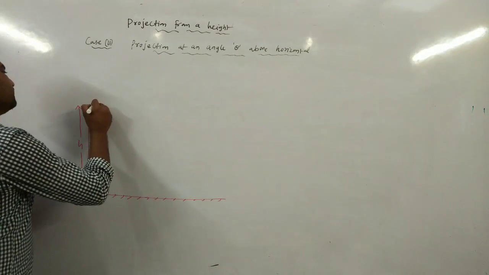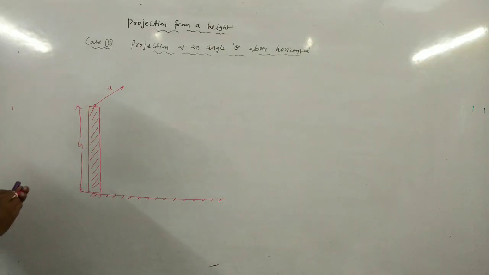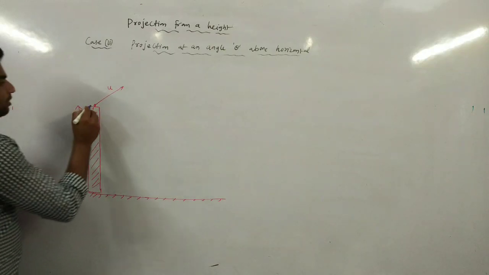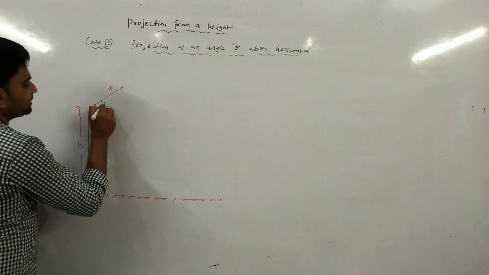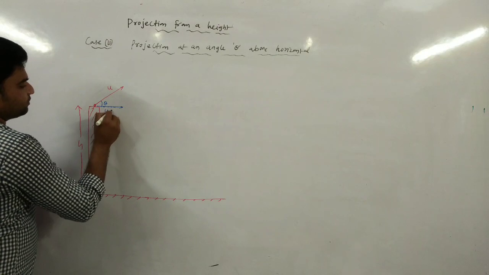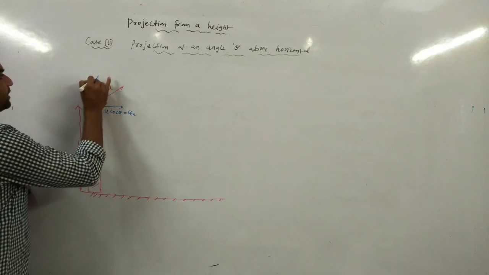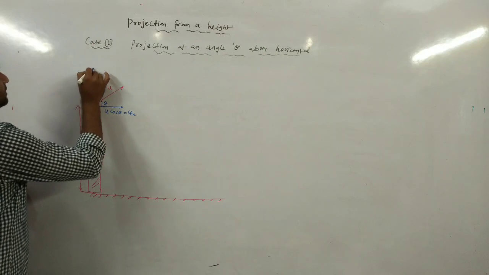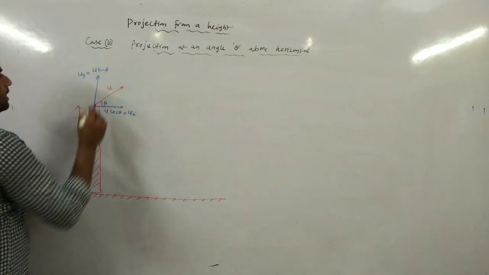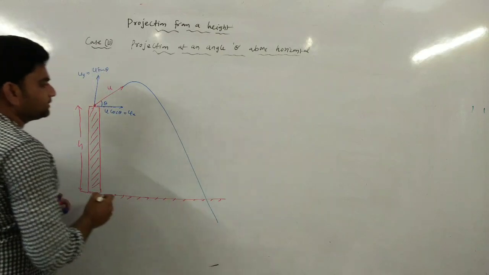And I am throwing one object with a velocity u. I am throwing a particle with a velocity u, and it is making an angle theta with the horizontal, so that my horizontal component is what? U cos theta, which is nothing but ux, and my vertical component is uy, which is nothing but u sin theta. And my motion of the particle will be like this, and finally it reaches the earth surface.